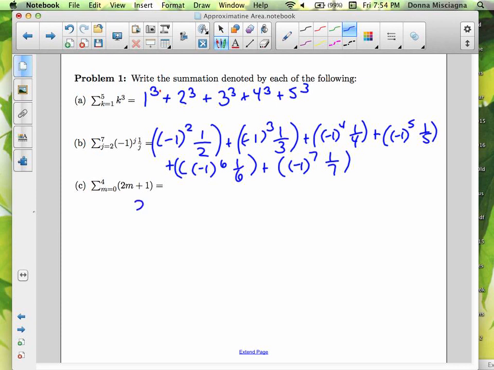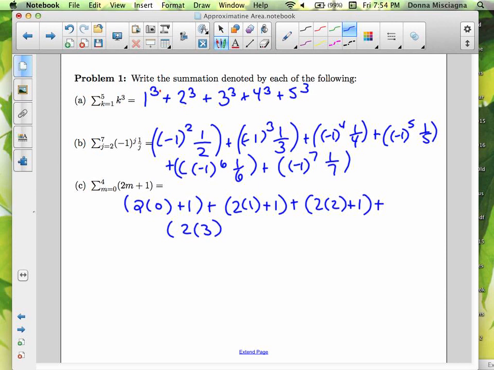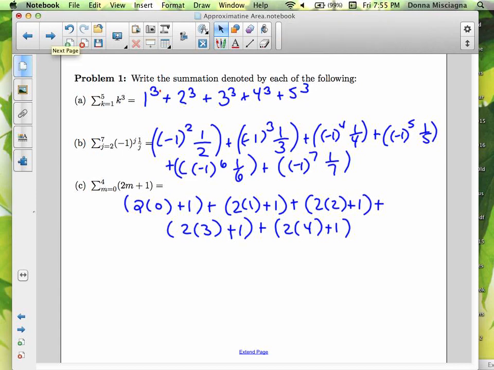So this would be 2 times 0 plus 1, plus 2 times 1 plus 1, plus 2 times 2 plus 1, and 2 times 3 plus 1, and 2 times 4 plus 1. There we go. All right, so that's what it would be in summation notation. We're just writing the values out. Okay? It's not asking us to calculate it.